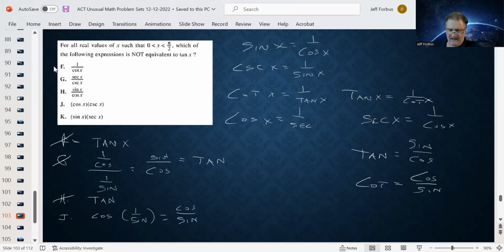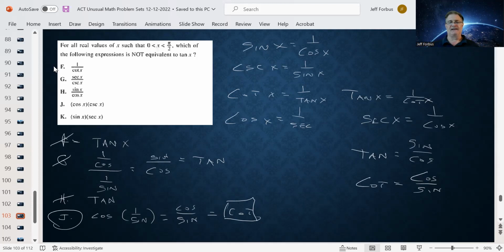And cosine over sine gives us cotangent. Now, we just found that J gives us cotangent. So therefore, that's not equal to the tangent. Therefore, our answer is J.